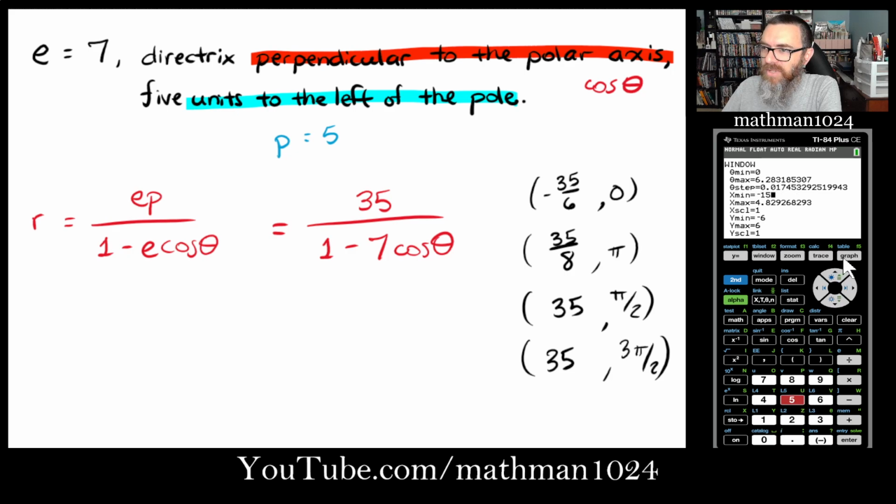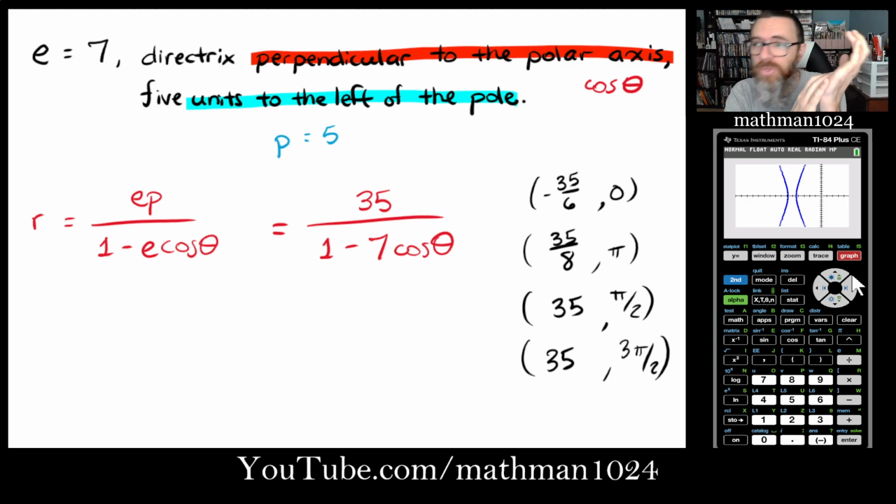Let's look at negative 15, and we'll change the y to negative 15 to 15. Yeah, there we go. So we kind of figured it would be a hyperbola going out to the sides because of the cosine function. And yeah, the 35 is definitely going to be stretching it out there. All right, so we'll do a couple more examples here in just a moment.